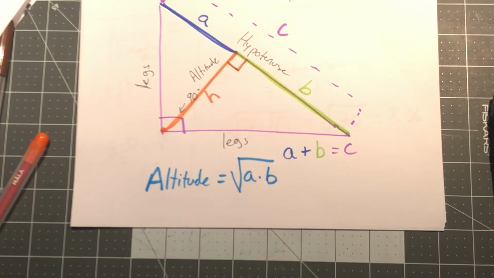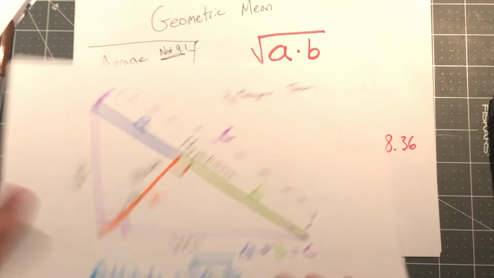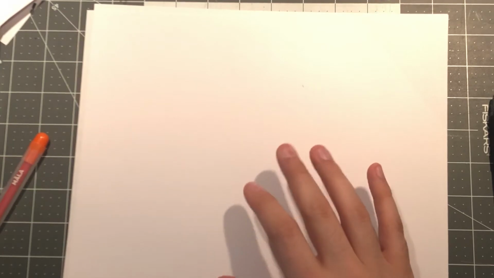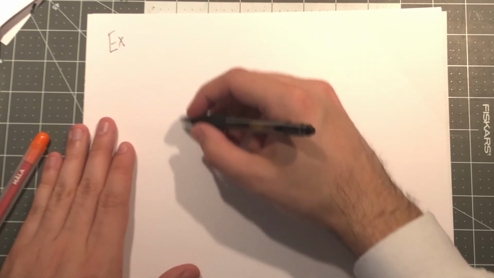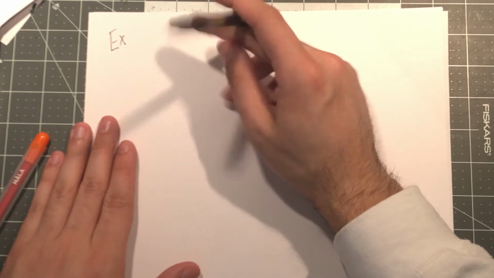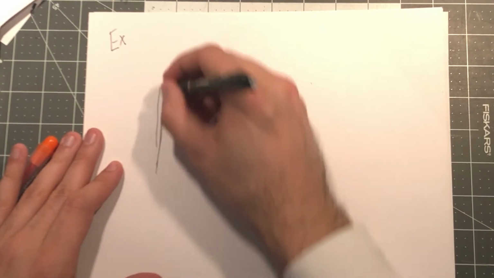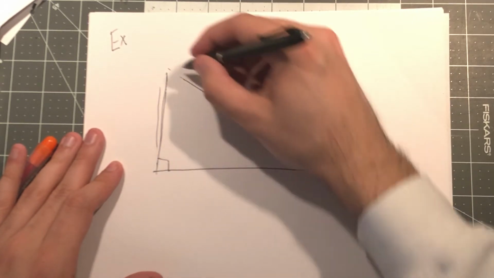So let's do a simple example and see if we're on track. I'm just going to draw a right triangle. Let me switch pens real quick. All right, we have a right triangle right here.